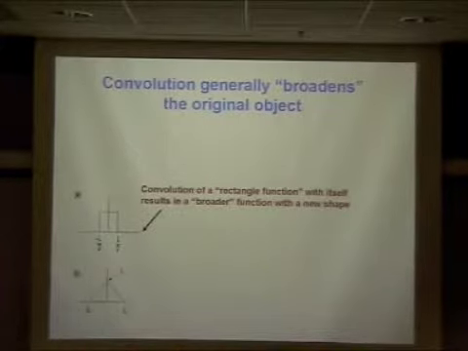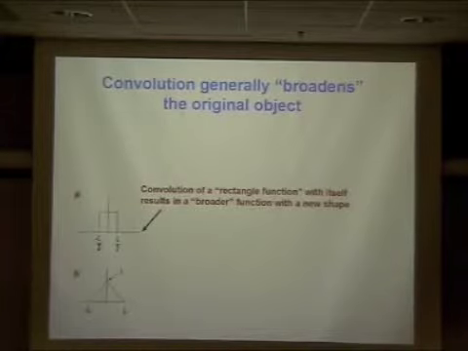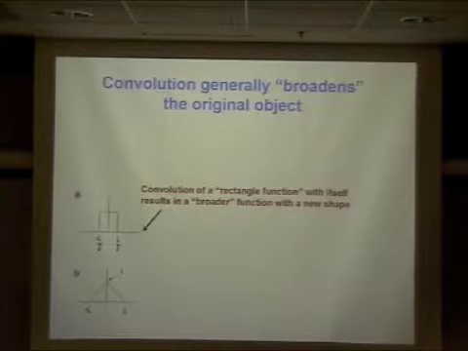It's also a broader function. So that's a good anchor point. If you're not already quite familiar with the idea of convolution, if you can remember this example, it will help you to get back to a kind of mathematical understanding of what convolution is.